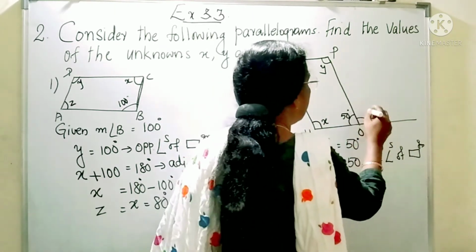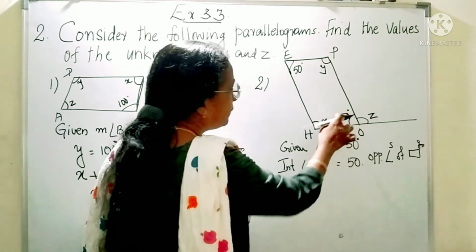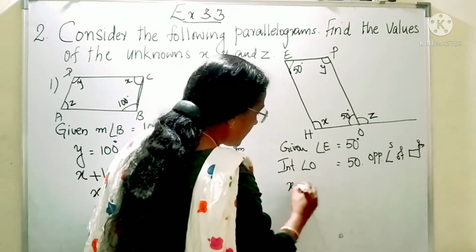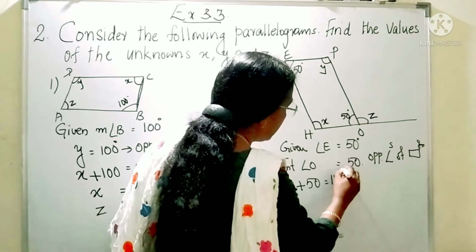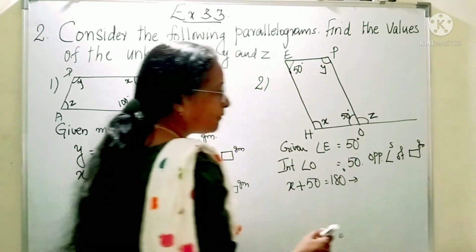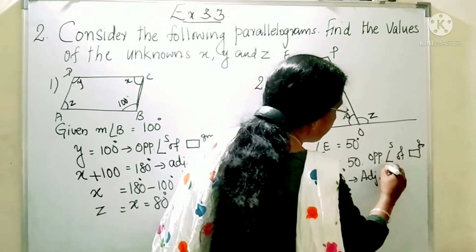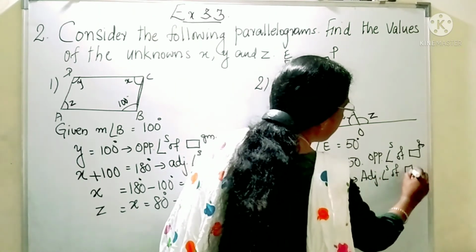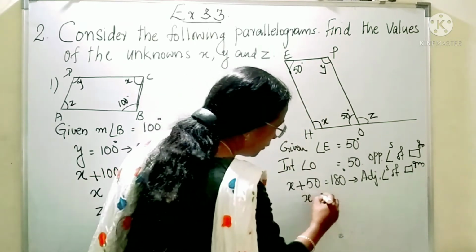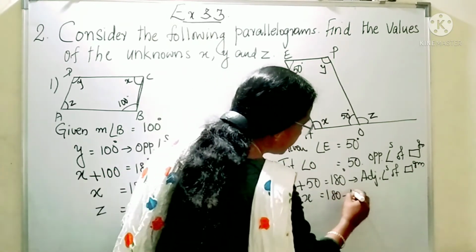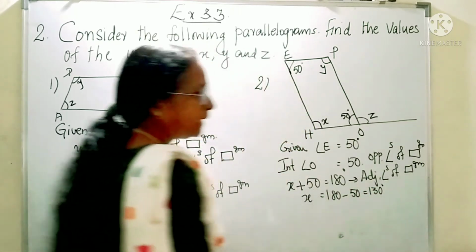This angle is Z. Now, if this angle is 50 degrees, what will be X? X plus 50 is equal to 180. Reason? Which type of angles? Adjacent angles. So X is equal to 180 minus 50, which is equal to 130 degrees.